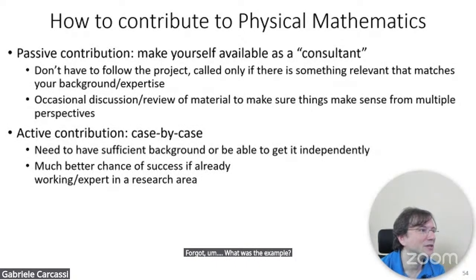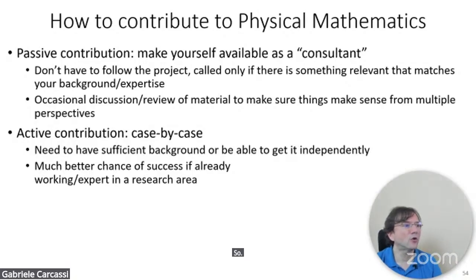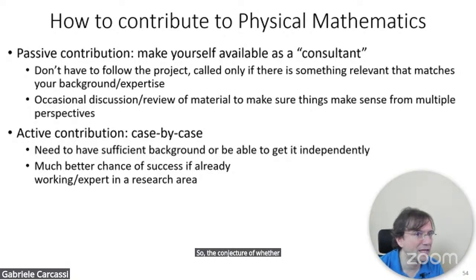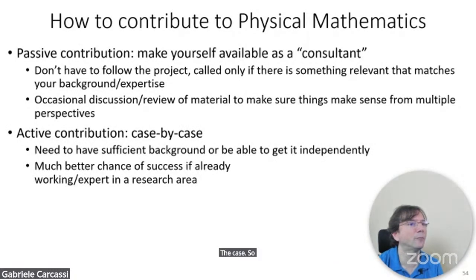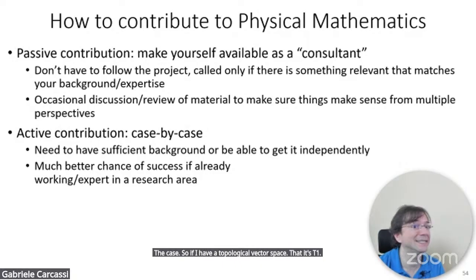A further question is, then it is a conjecture that the topological space is metrizable. The conjecture of whether it's metrizable comes from the topological vector space case. If I have a topological vector space that is T1 and second countable, it's automatically metrizable.